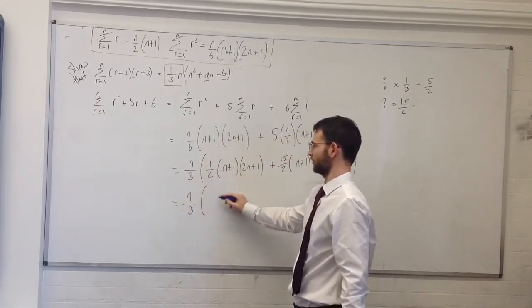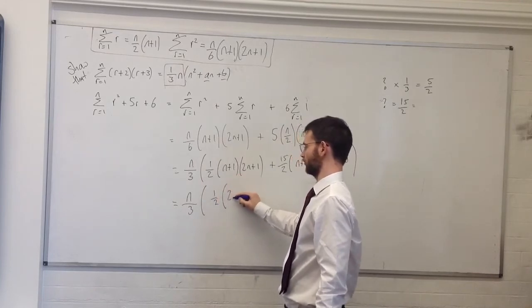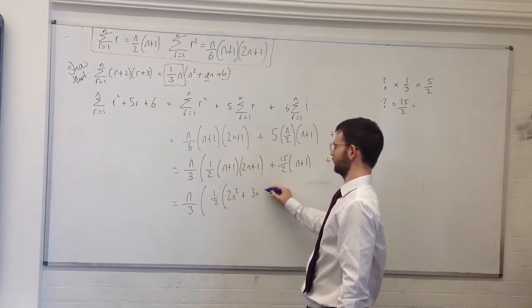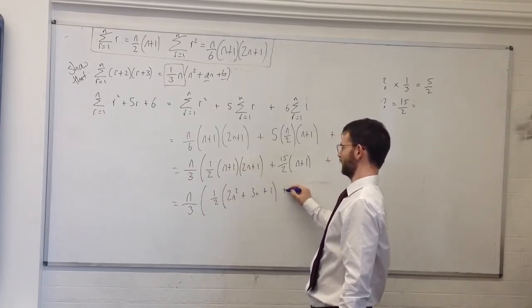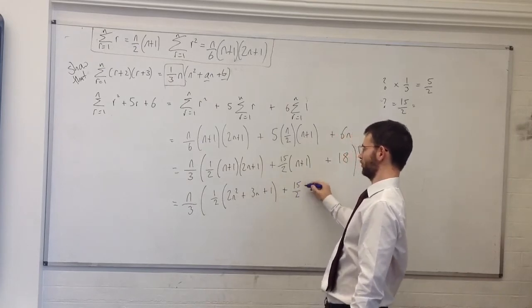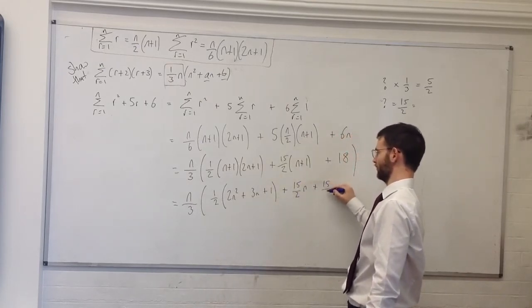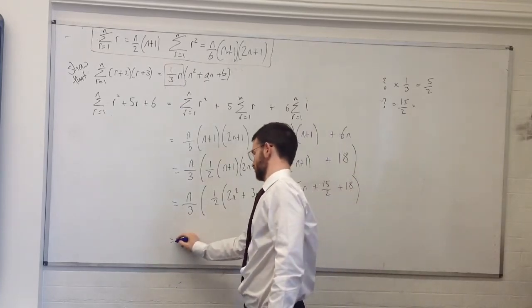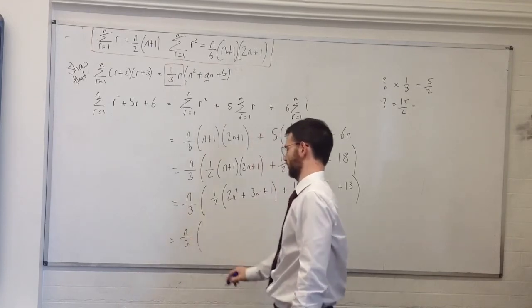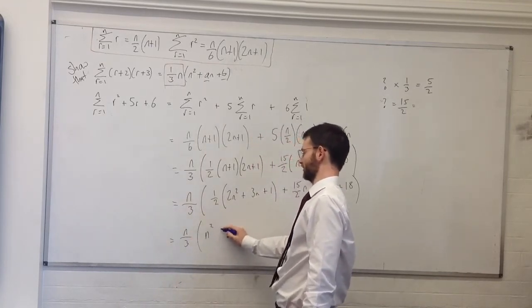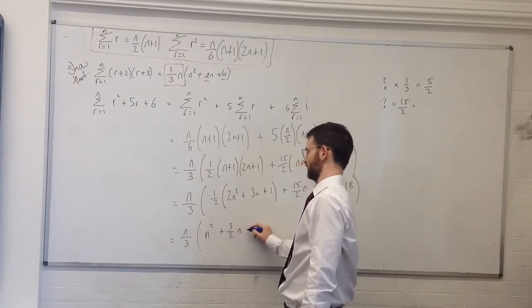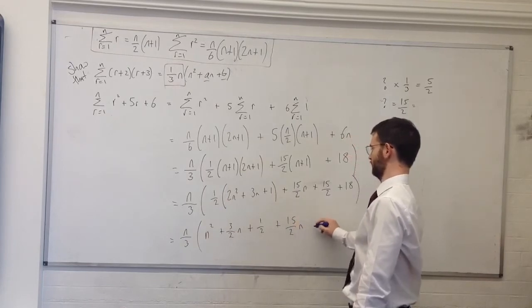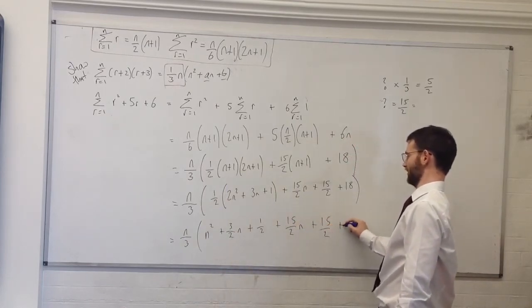So, this is going to give me 1/2 lots of 2n squared, add 3n, add 1, add 15 over 2 n, add 15 over 2, add 18. That is n squared, add 3 over 2 n, add 1 half, add 15 over 2 n, add 15 over 2, add 18.